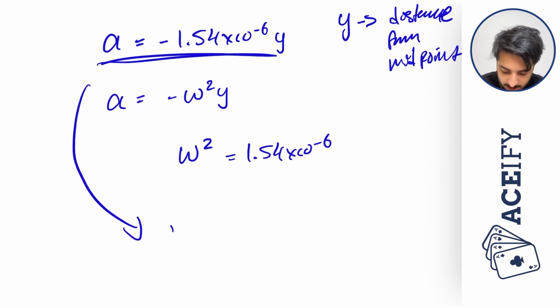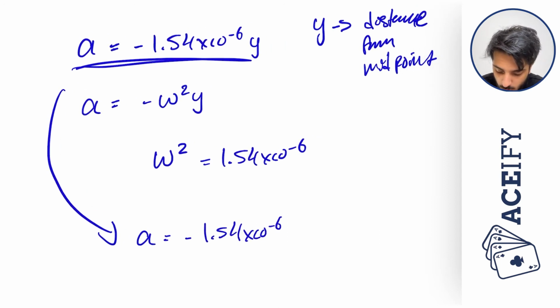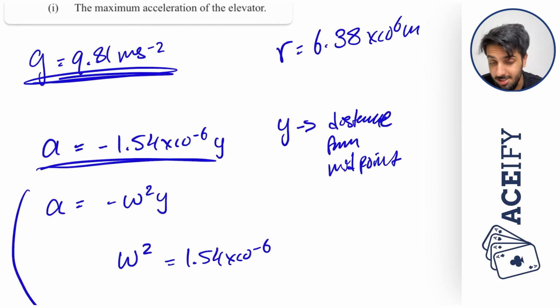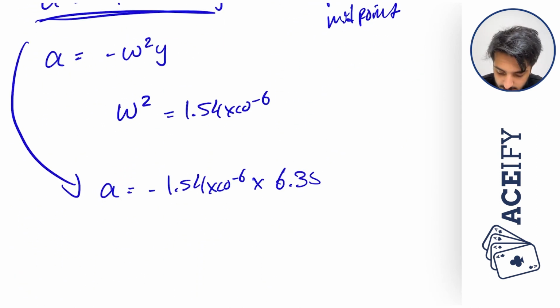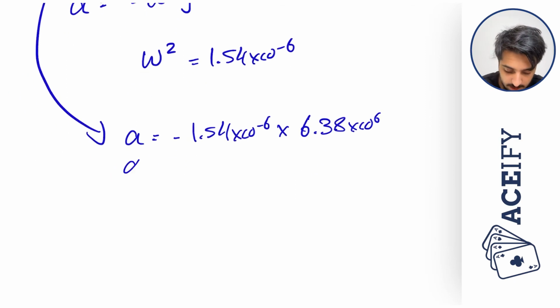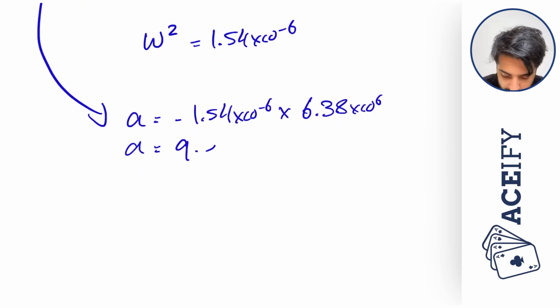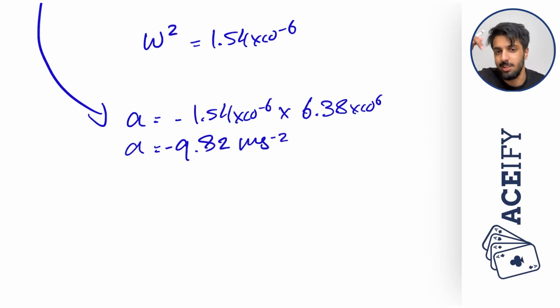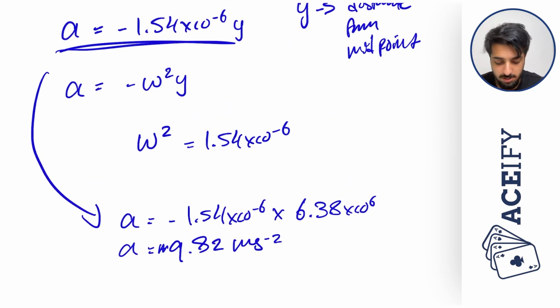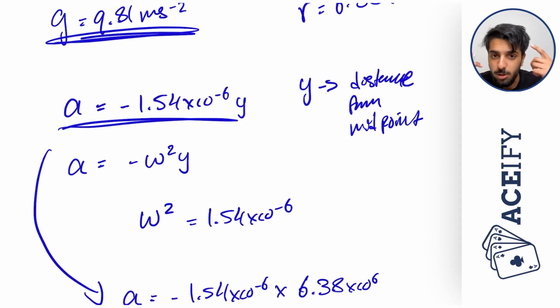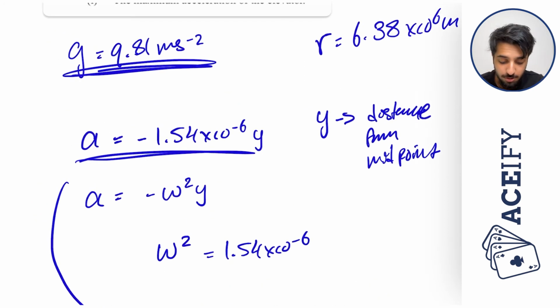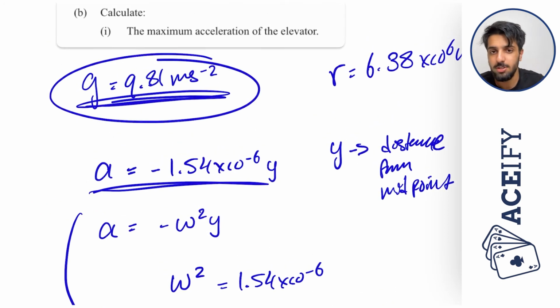We get the acceleration is equal to negative 1.54 times 10 to the negative 6 times y, which again is the distance to the midpoint, which is just our radius, 6.38 times 10 to the 6, and that gives us an acceleration of 9.82 meters per second squared, and that is going to be a negative value, again because acceleration is downwards. However, you do not need that negative value there. And so as you can see, both methods give you basically the same answer. However, one was just straight from intuition and the other was calculation. Both are correct, but I would prefer this method right here, just purely because it's faster.